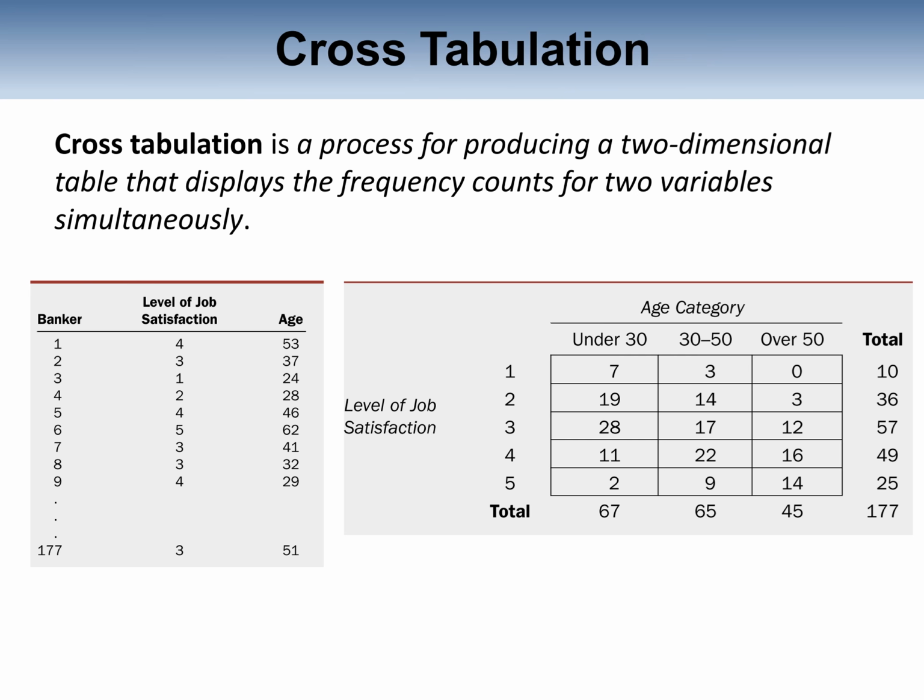So here's the data set. It's incomplete right here, and it's summarized here. We can't summarize it completely because we don't have all of the raw data, but we can see that the two categories are age category and level of job satisfaction. So the ages are organized under 30, 30 to 50, and over 50.